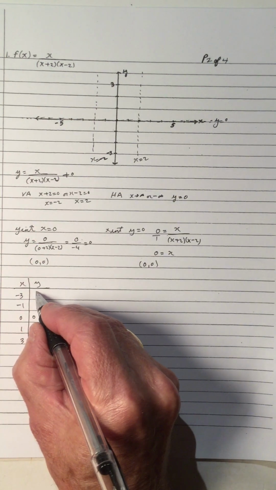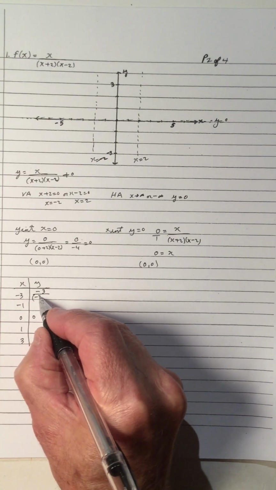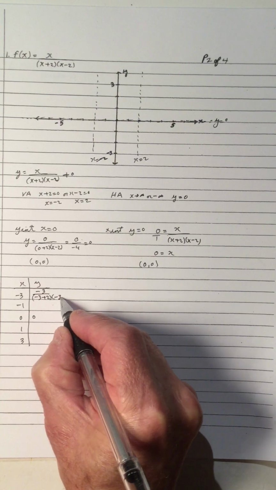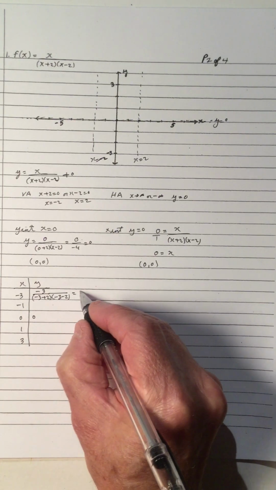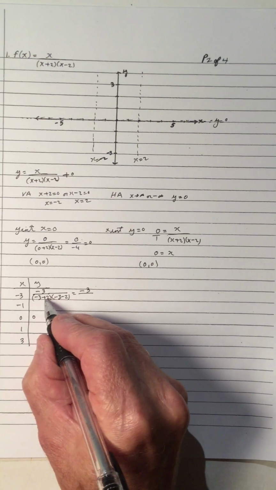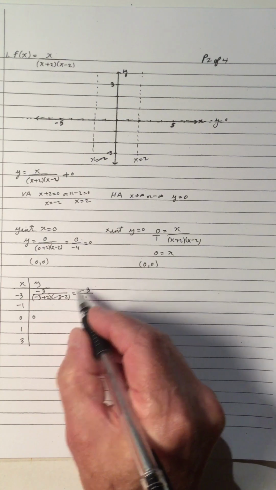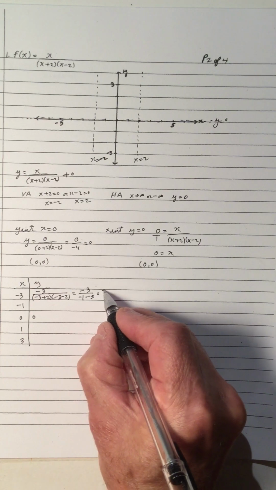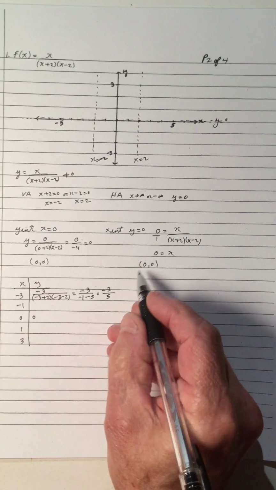We have negative 3 over (negative 3 plus 2) times (negative 3 minus 2). That gives us negative 3 over, and negative 3 plus 2 is negative 1, times negative 5. So that gives us negative 3 over 5.